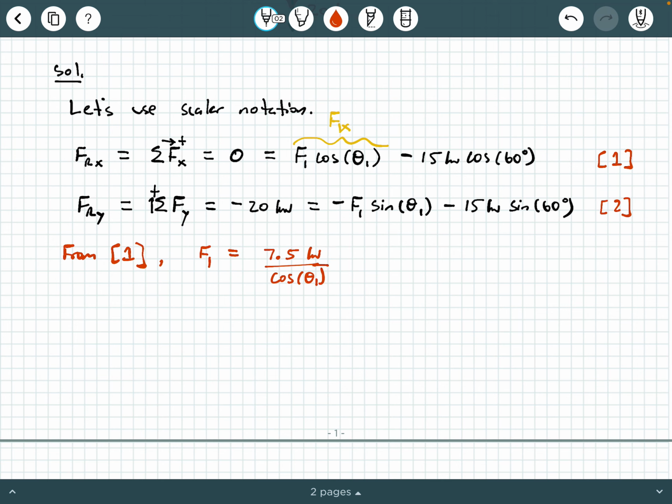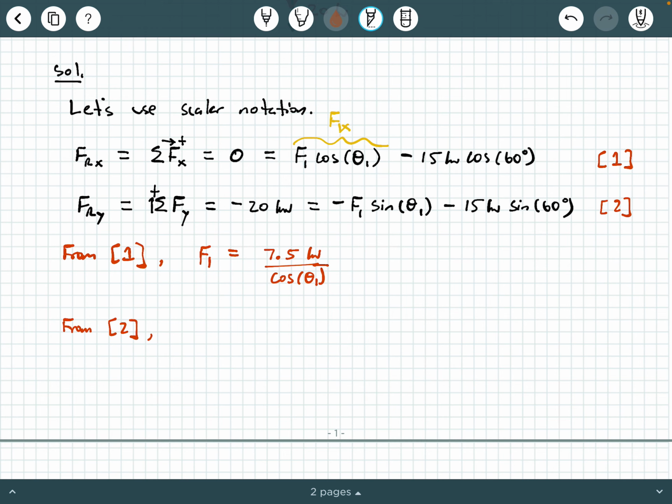So why don't you pause the video and do a little bit of algebra, rearrange equation 1, and make sure you get this same expression, 7.5 kilonewtons divided by cosine theta 1, okay?